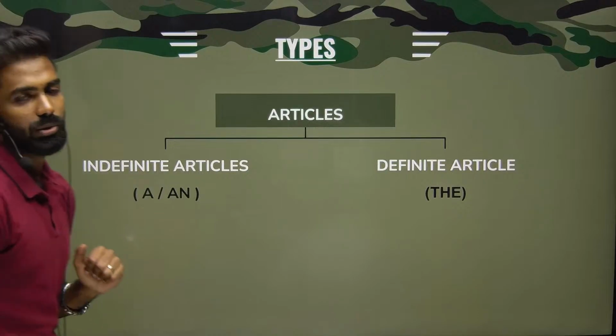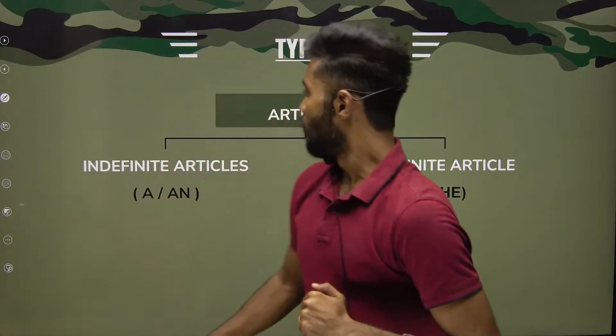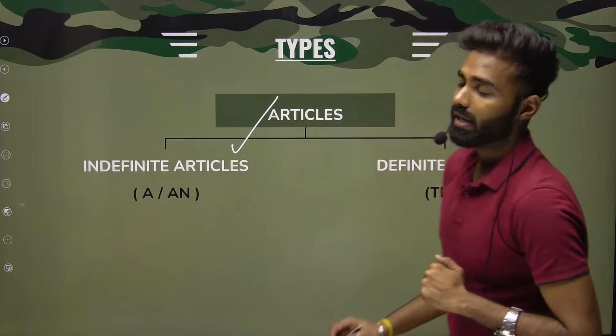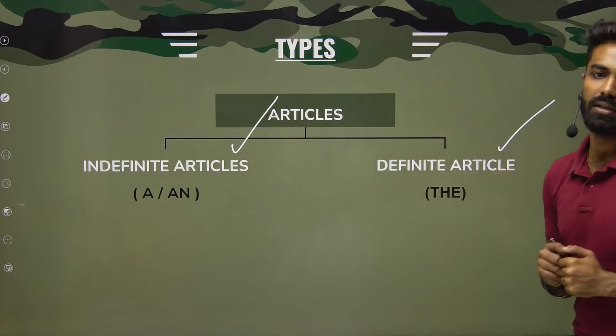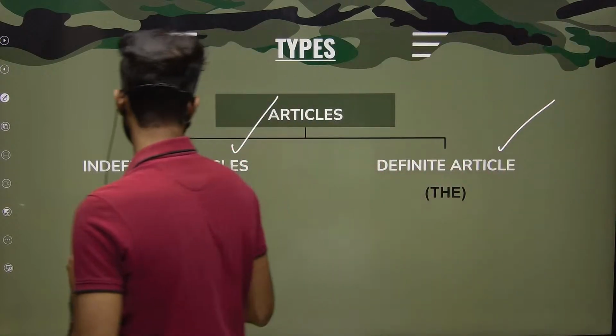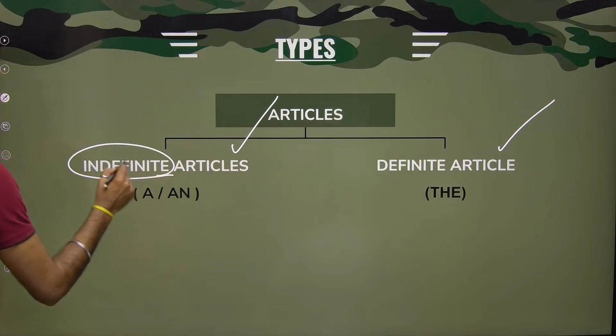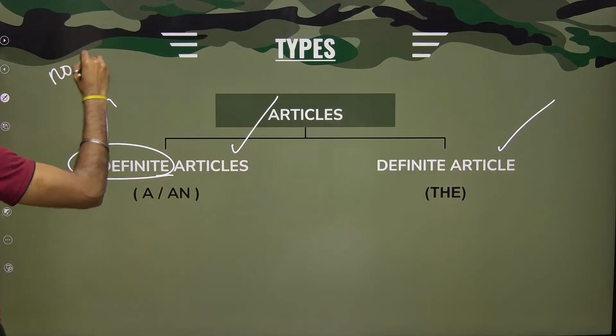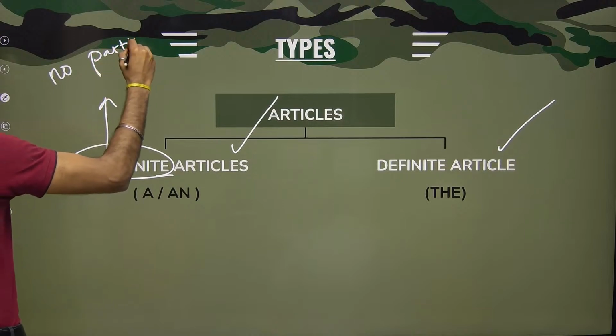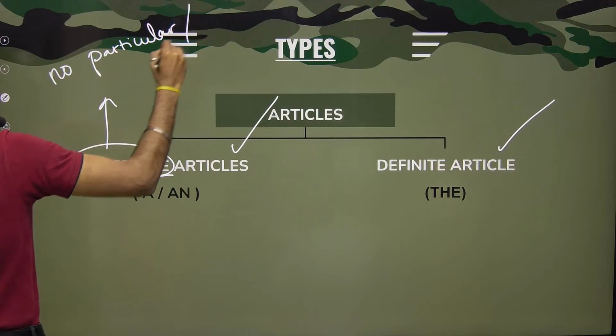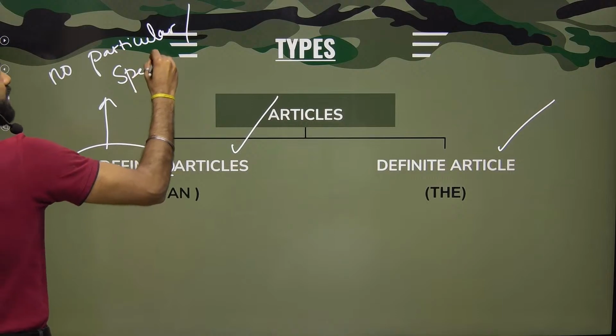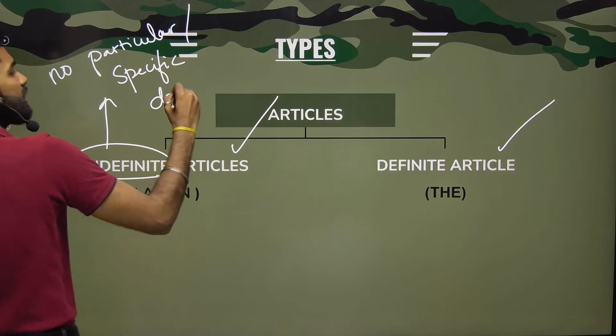Okay, I told you there are 2 types of articles, right? One is indefinite articles and another one is definite articles. So what are these indefinite articles? See, the name is telling. Indefinite means I have no particular or specific detail.